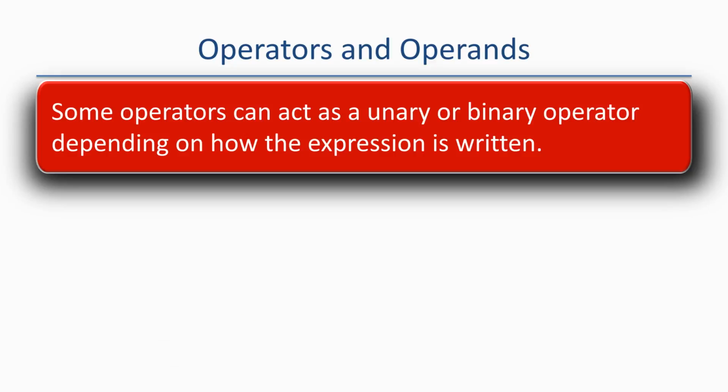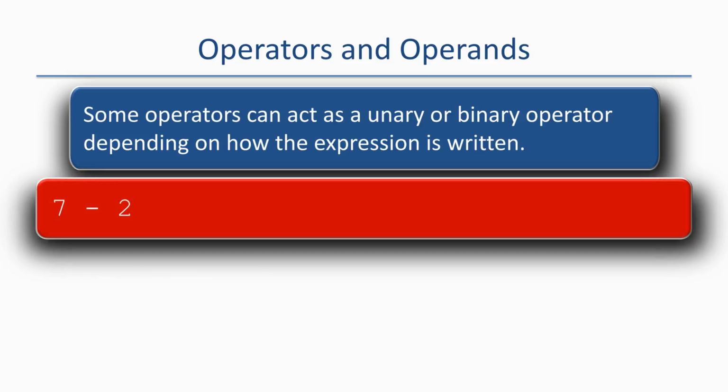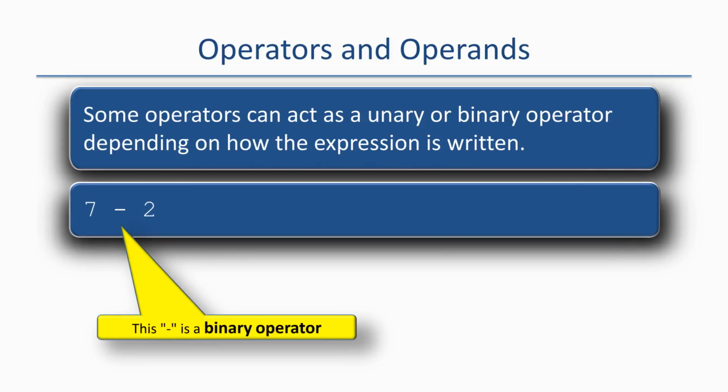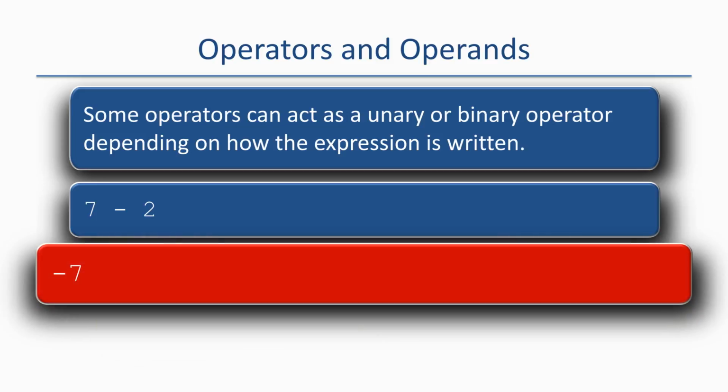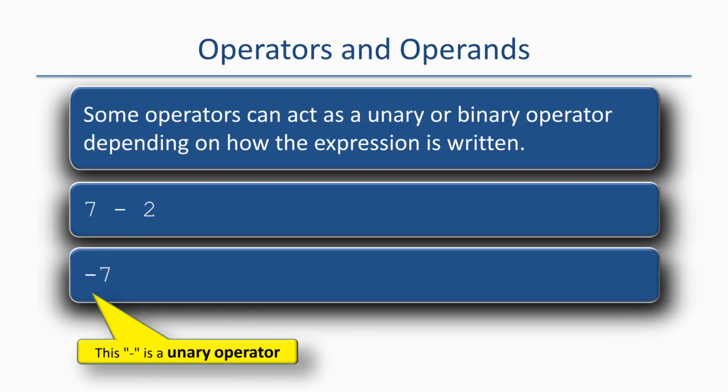There are some operators that can act either as unary or binary operators, depending on how the expression is written. For example, if you write 7 minus 2, the minus sign in here is a binary operator because it acts on 2 operands. However, if you write -7, the minus sign here is a unary operator because it only acts on 1 operand.